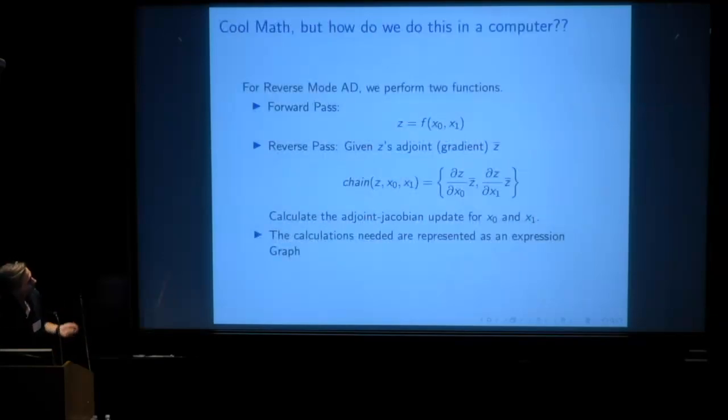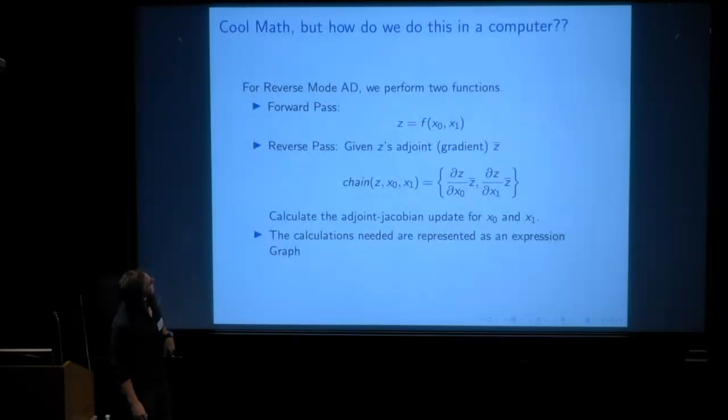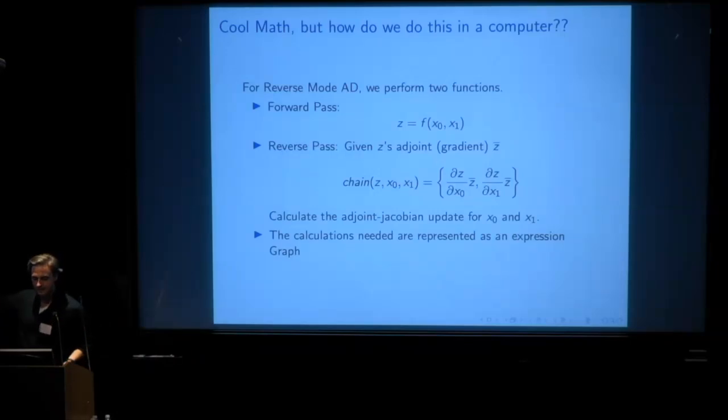But essentially, going back two slides ago, we just need to break down these intermediate steps, know the gradients for each intermediate step, and do a reverse pass accumulation over all of those intermediate steps. We did a lot of cool math, but when you actually put this into a computer, what we need to do is have a forward pass where we're literally just calculating the value of the function f, putting it into z.